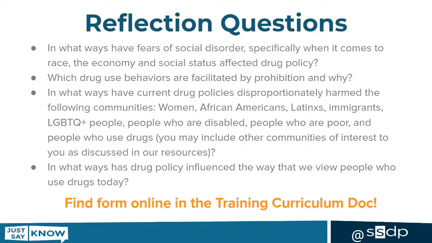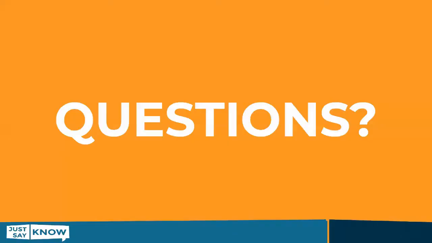And of course, if you go to ssdp.org/justsayno, you can access the training curriculum, and the form to respond to these questions is on the top of each page of that document. So there's a link to that there, so you can submit your responses that way.